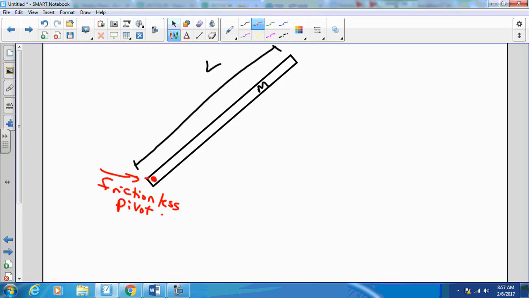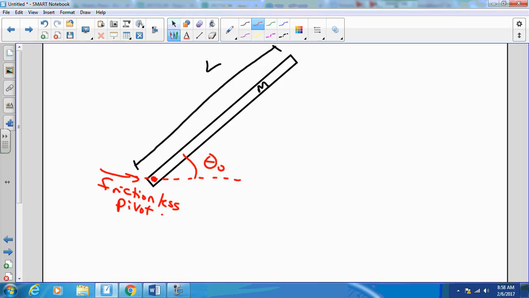Now we're going to raise the right end of the bar so that it is at an initial angle of 45 degrees. Let's just make it an initial angle of theta. We're being gentle about it. And we're going to release it.